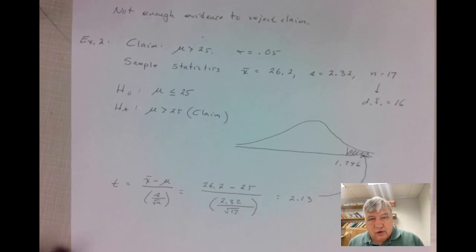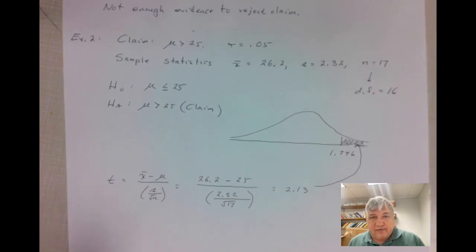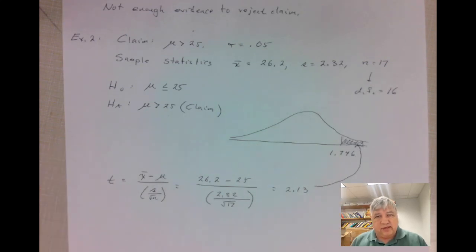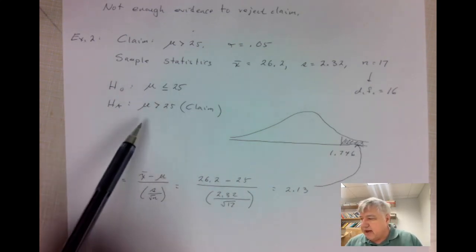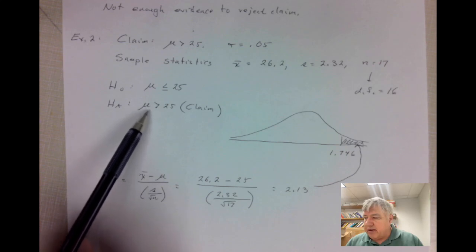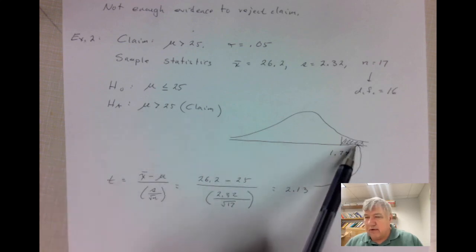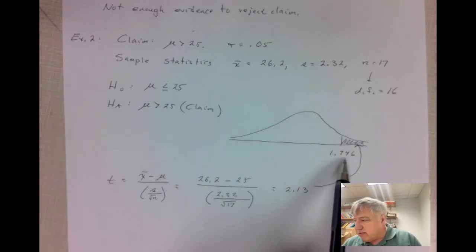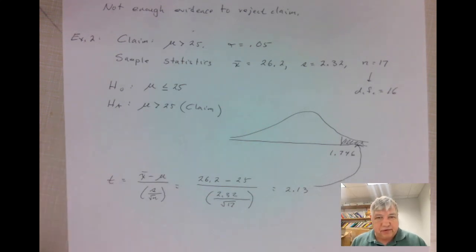Okay, so our degrees of freedom is 1 less than 17, that's 16. It's a one-tailed test because the extreme values are going to be bigger than 25. So they're over here, it's just one tail. It's a right tail test. And so we look under one tail, degrees of freedom is 16, alpha is 0.05, and that's how we get this 1.746 from the t-distribution.